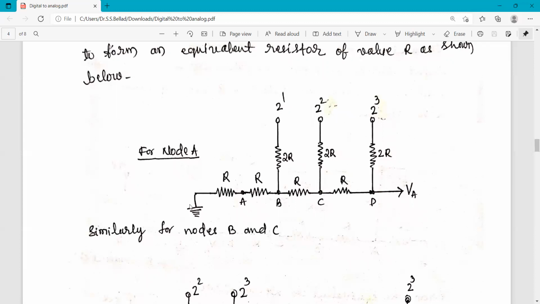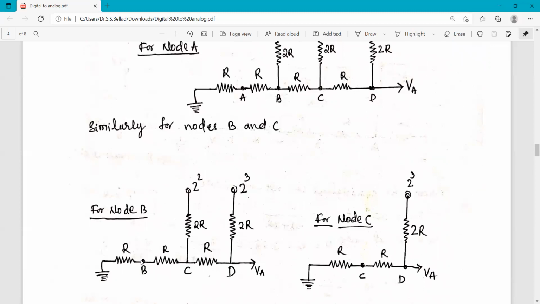So again this 2R and 2R become parallel, and their effective resistance is R. So the circuit is reduced to this stage.